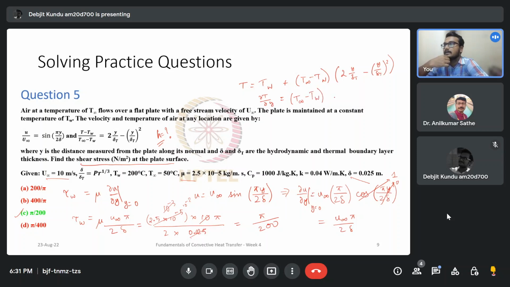This stays, and inside this we get 2/δT, and here we get 2y/δT square, and at y equal to 0, this becomes nothing but T infinity minus Tw. This term goes to 0 since we're putting y equal to 0.